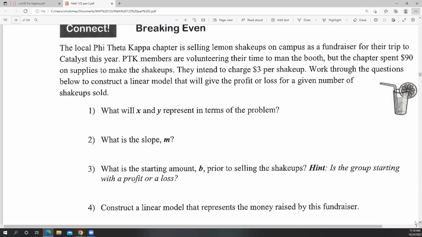Okay, so we're gonna make a linear model. So when you see in all this material, a linear model, think slope-intercept form, all right? So a linear model, and what would X and Y be in this situation?